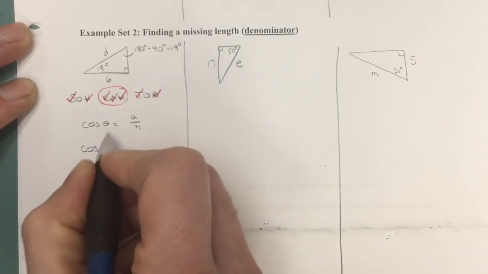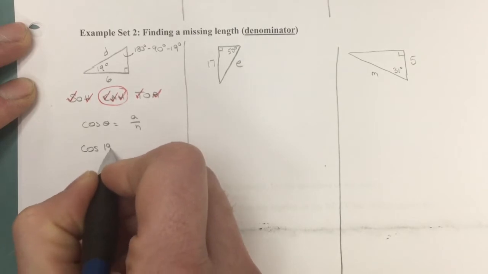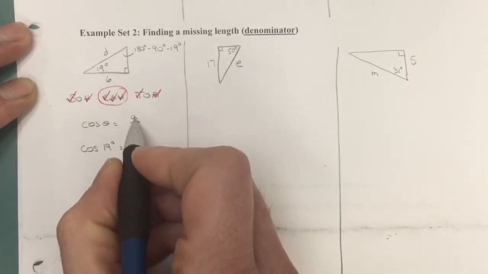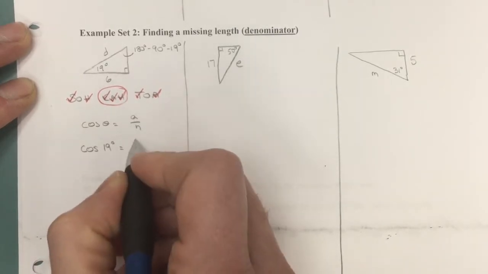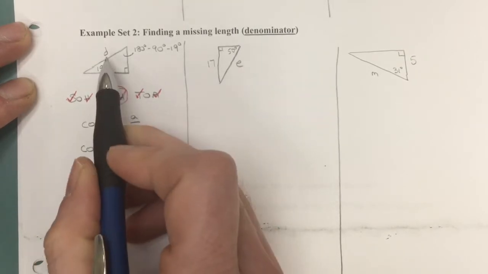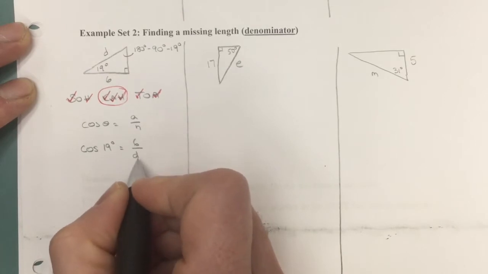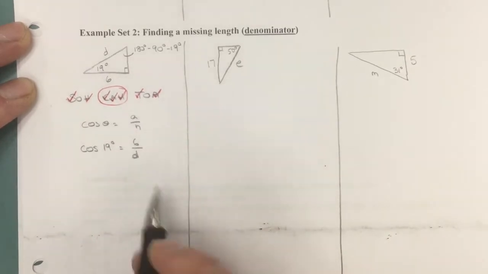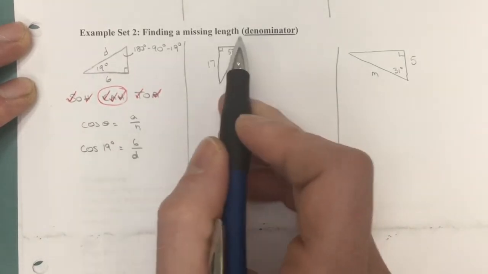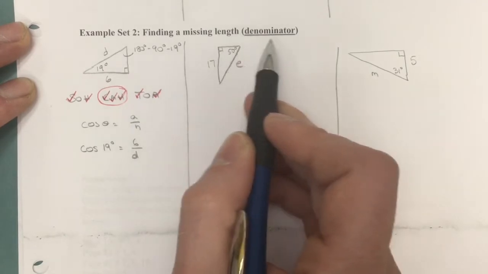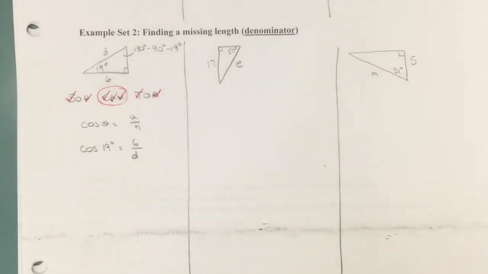Cosine of the angle, which is 19 degrees, is equal to the adjacent side, which is 6, divided by the hypotenuse, which is our D value. And so now you can see that we have a missing length in the denominator.